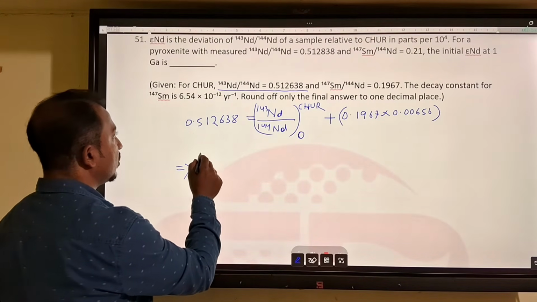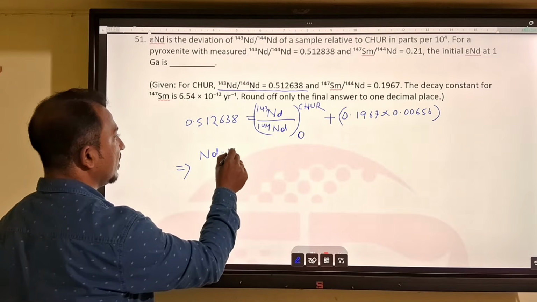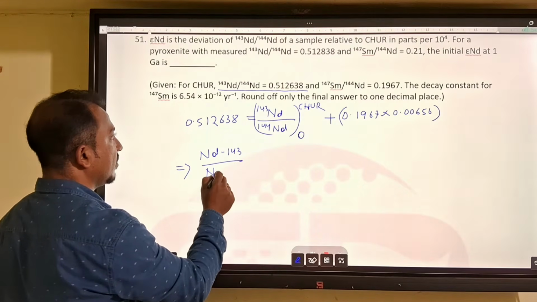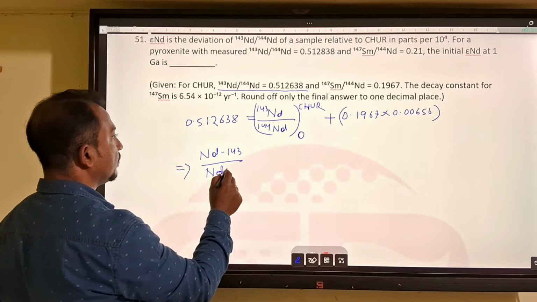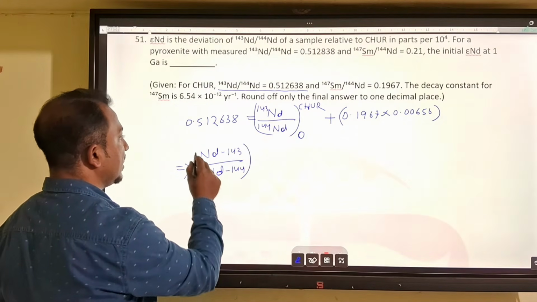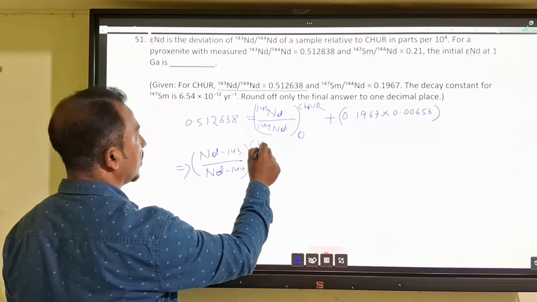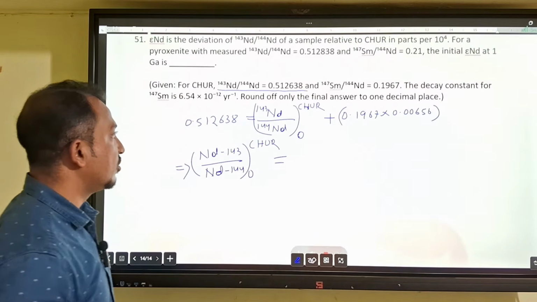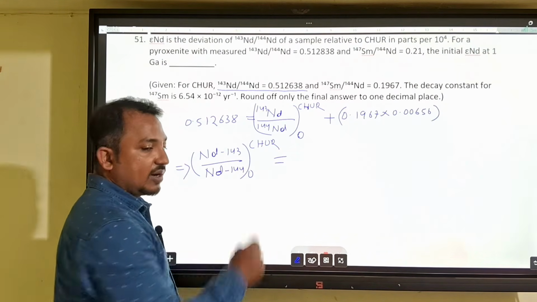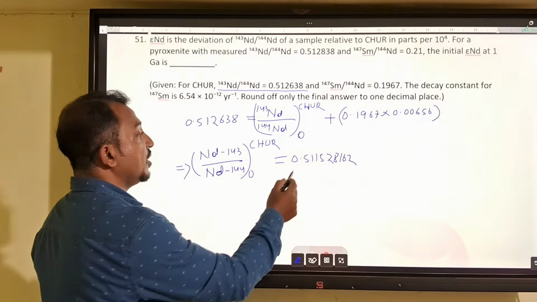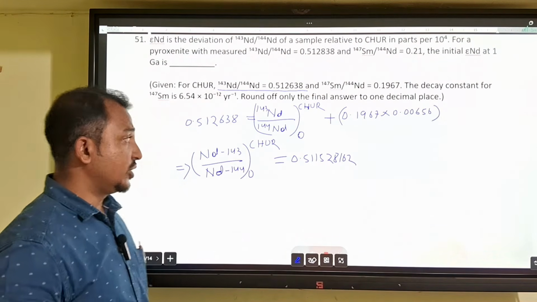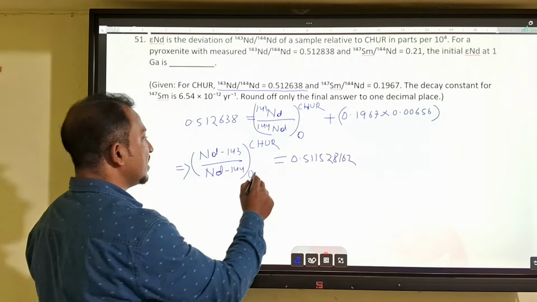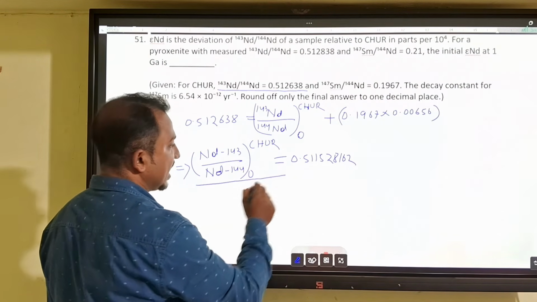So the value of Nd 143 divided by Nd 144 initial for chondrites will be 0.51152816. So now this is your standard value.